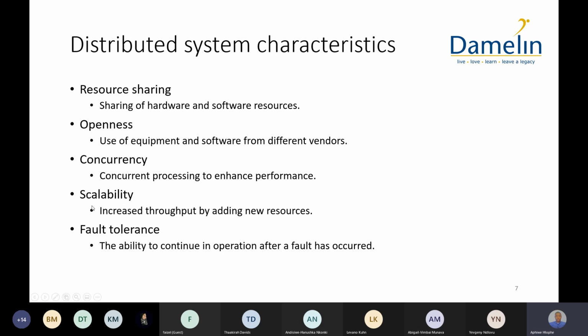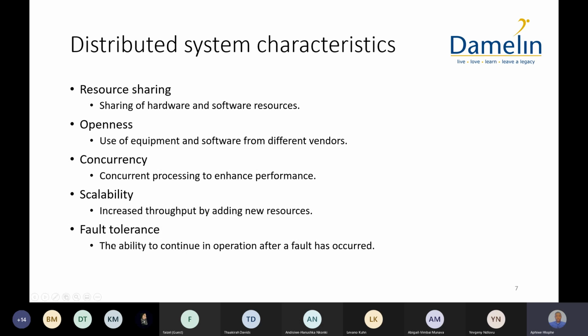So when the company grows, we can add more clients, and that obviously converts to more processing power, because we're adding new resources to the distributed system. And it's also fault tolerance, okay?